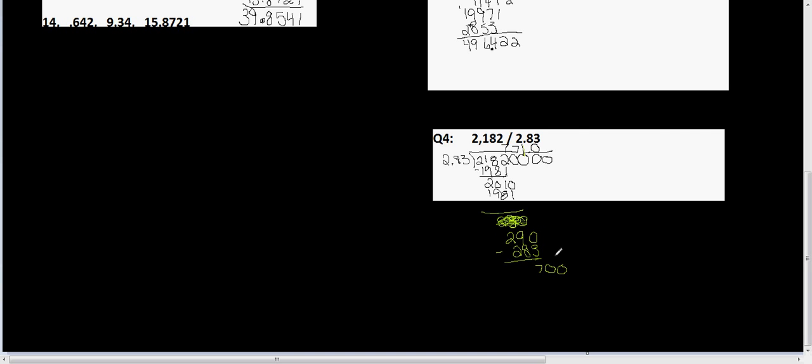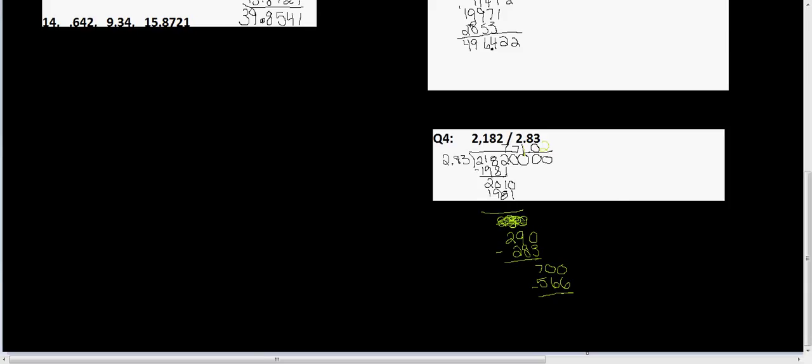And it's going to go in 2 times, which will give you 566. And you would continue on this way until you achieve the level of specificity that's being required from the question.